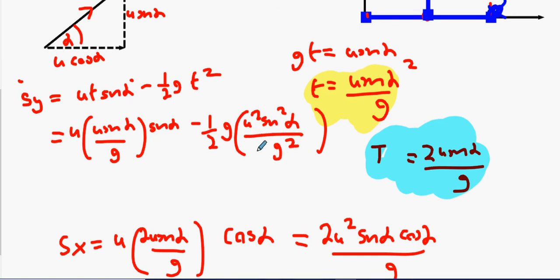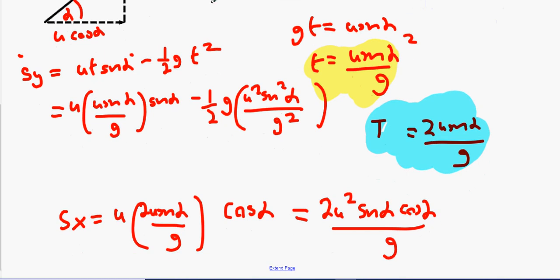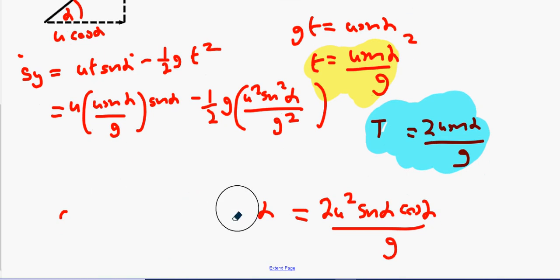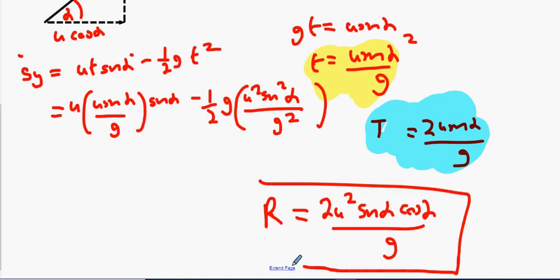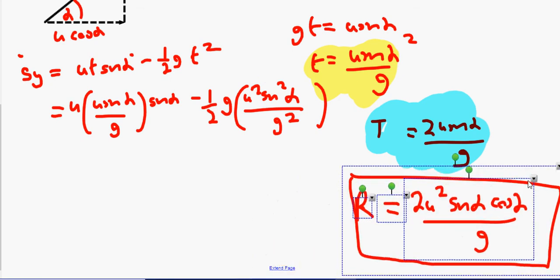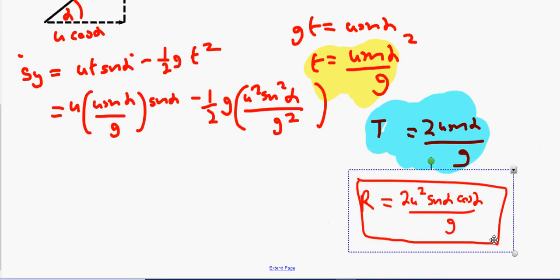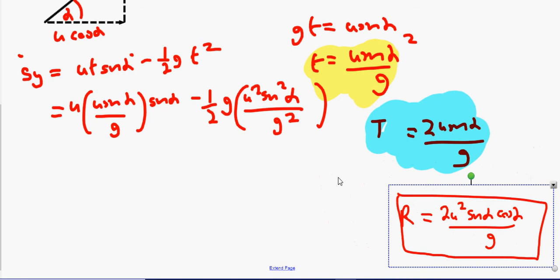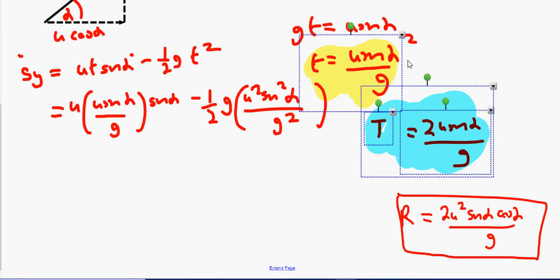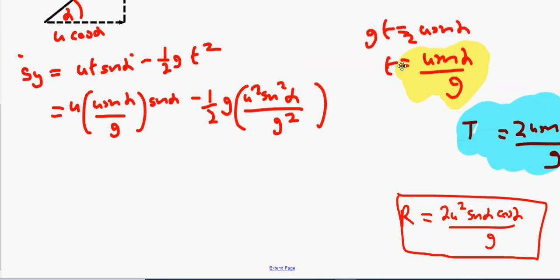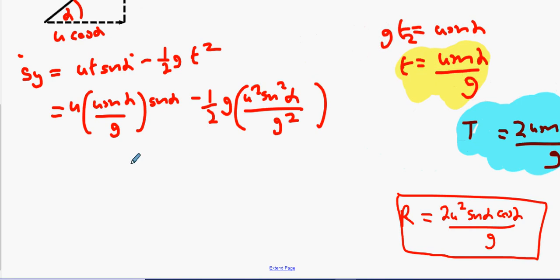Now here comes the fun part. I'm still hanging on to my range. My R value is this here. That's pretty important. I'm going to move it down here and make it a bit smaller. Now, it's all going to come together literally in a second.